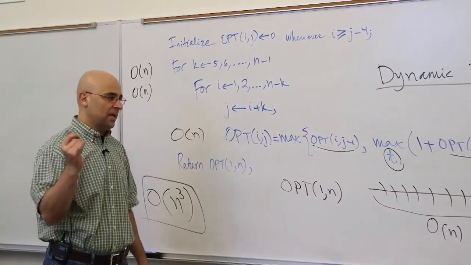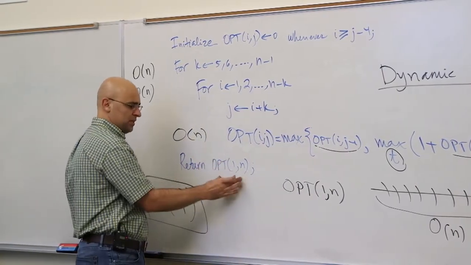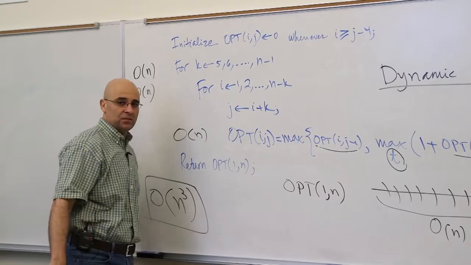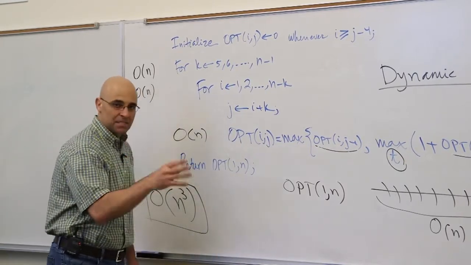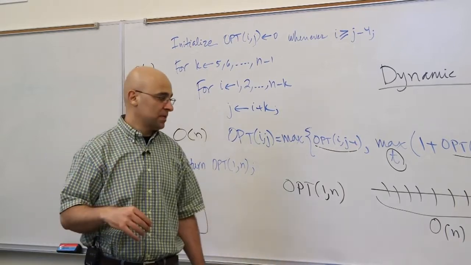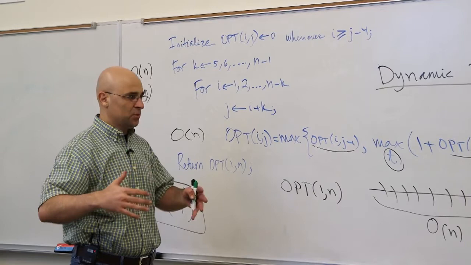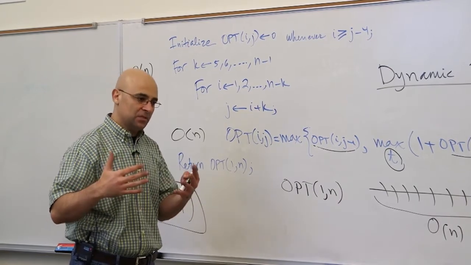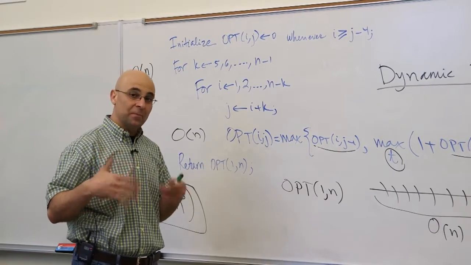When we compute the answer using dynamic programming, usually we are computing a number that is related to the solution, which is usually the optimality score. Here it's the maximum number of pairs, or something like that in other algorithms. So usually dynamic programming algorithms are implemented in such a way that the matrix entries contain the optimality score.